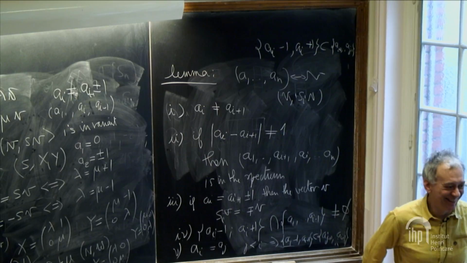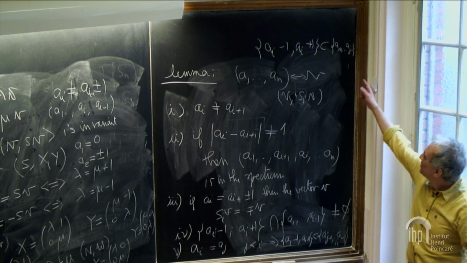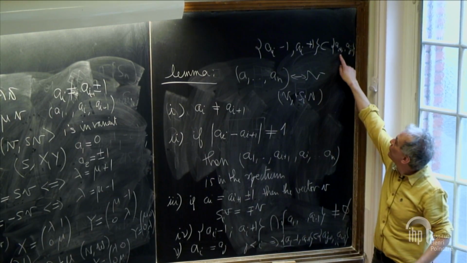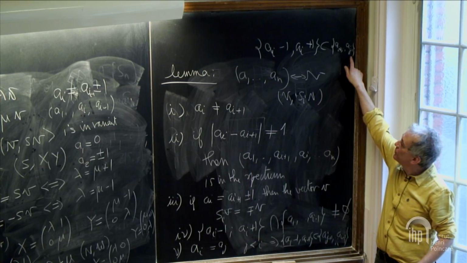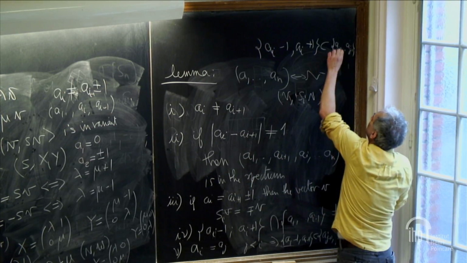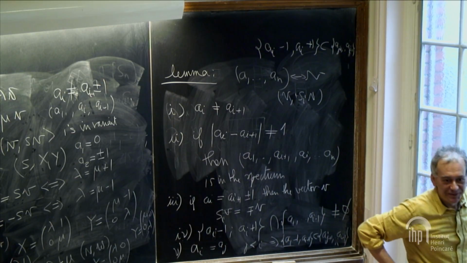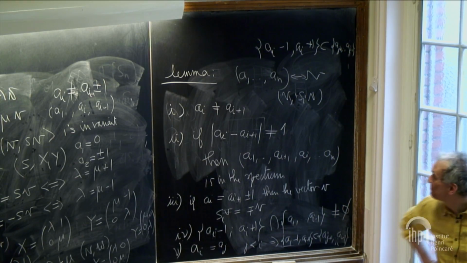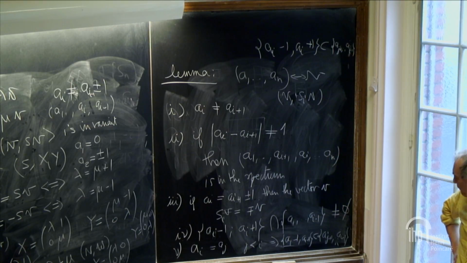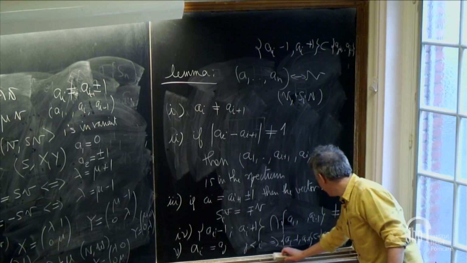It's in the list of the eigenvalues between j plus 1 and i minus 1. You understand what I mean? Okay, so this is the first statement.